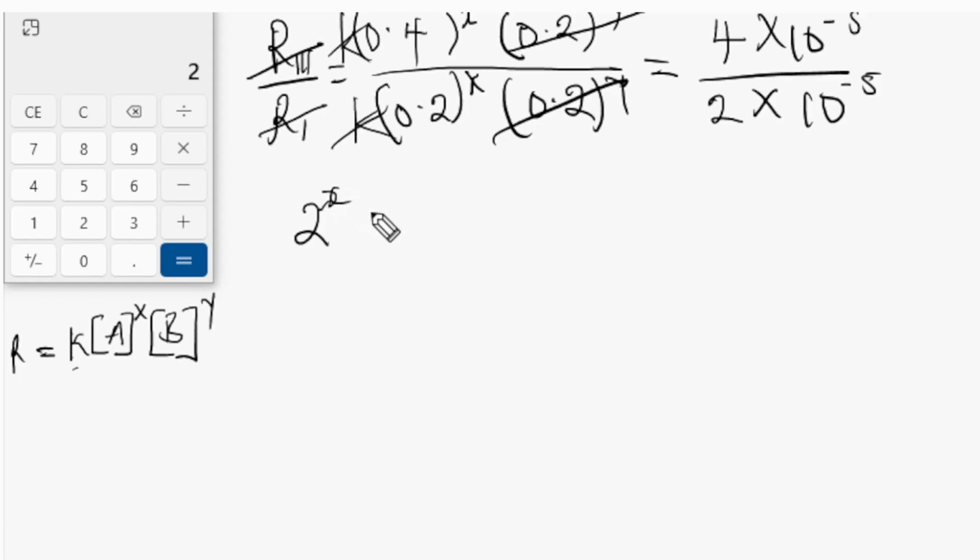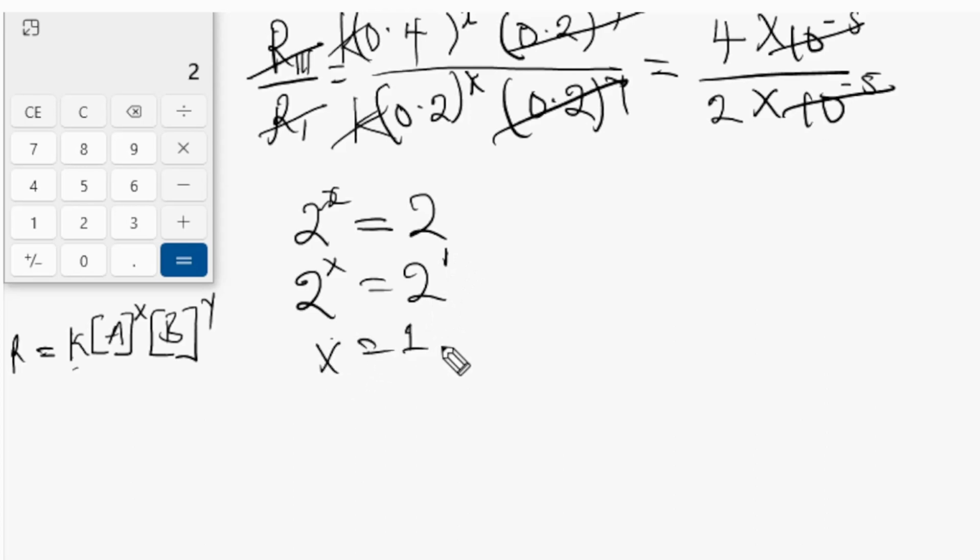So 2 to the power of x will be, here we can just simply cancel out 10 to the power of negative 5. So 4 over 2 is 2. So it means that 2 to the power of x is equal to 2 to the power of 1. So in that case, x is equal to 1.